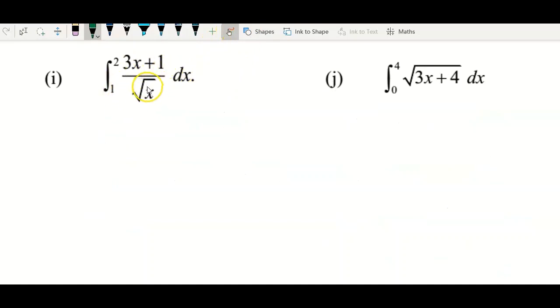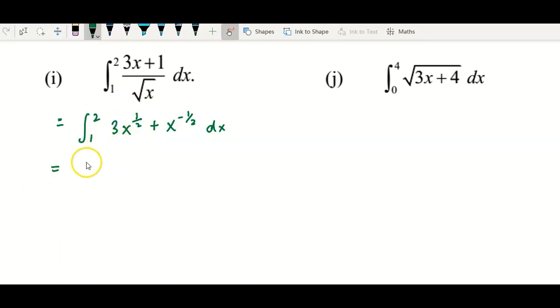Alright, then for this function, to integrate this function, I'll separate them into two separate terms first. I have 3x divided by x power of 1 over 2, meaning that the power 1 minus 1 over 2, you have a 3x power of 1 over 2, plus 1 over square root of x, you can write it into the form of x power of negative 1 over 2, integrate with respect to x, and from 1 to 2.